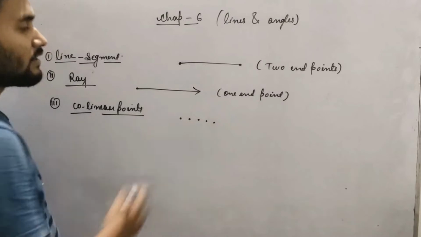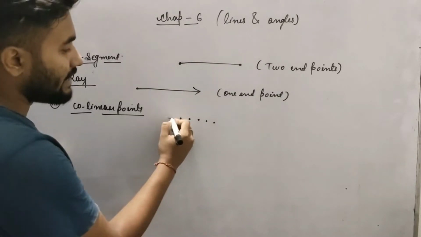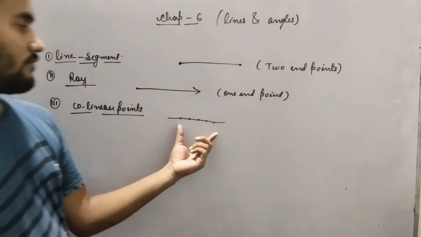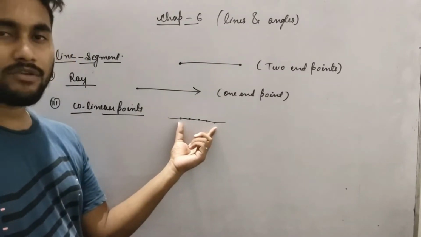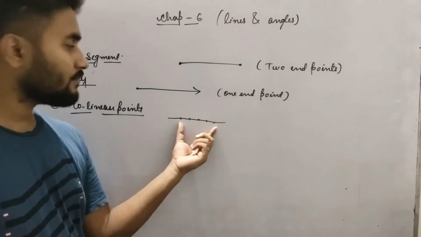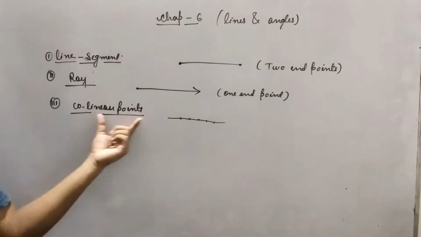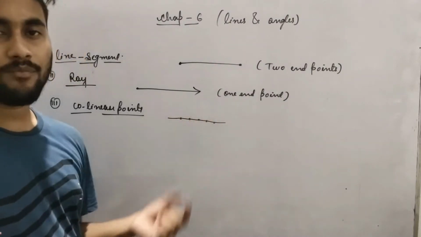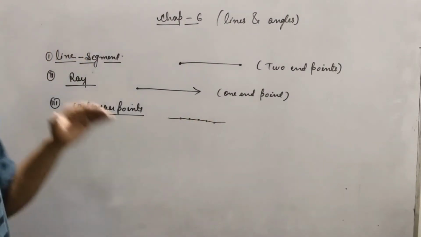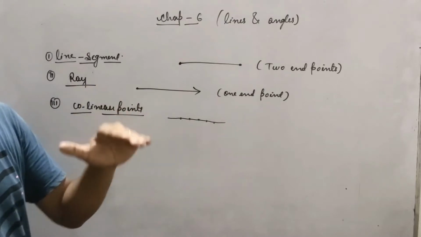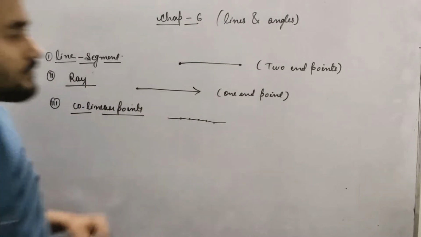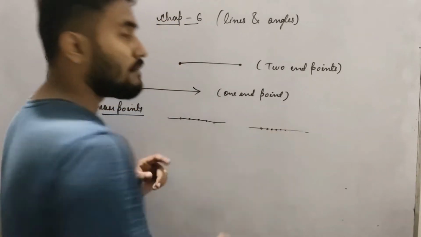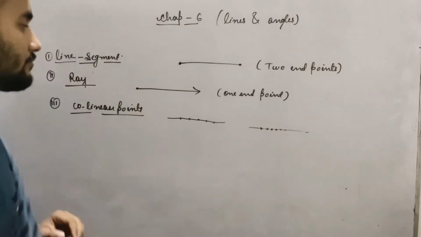Say 5 points. If they are lying in a straight line, say a straight line can be drawn through these 5 points, then we will say that the points are collinear points. We say points are collinear if they are lying in the same line, minimum 3.